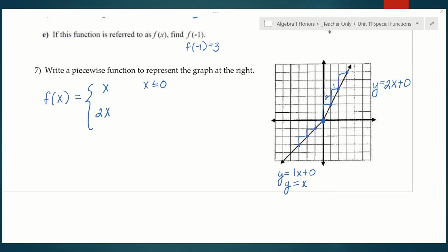Now, here's the problem. We've already included 0 in our first line, so I cannot include it in my second line. Otherwise, technically it wouldn't be a function. Okay, so we don't know which one it really belongs to. It doesn't really matter in this case, but we're going to make sure we leave it open so that it is indeed a function. Okay, great job.